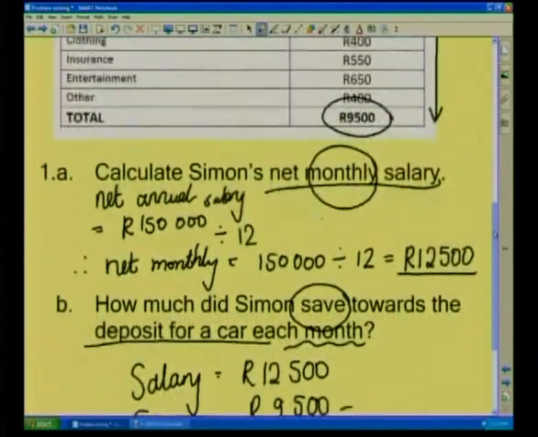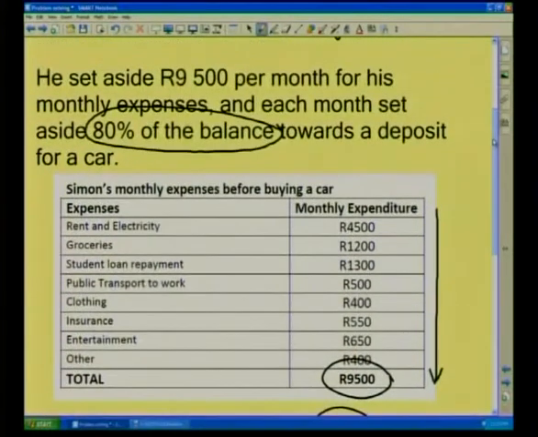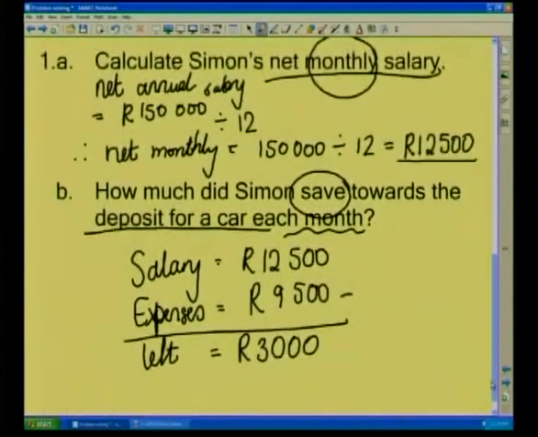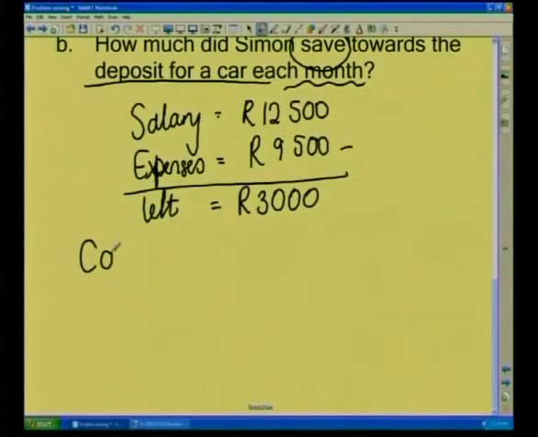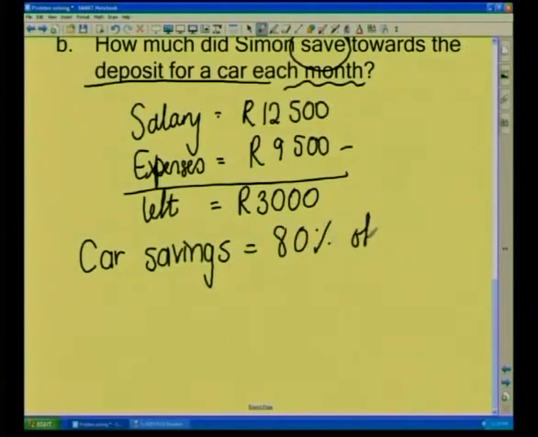How much does he save for his car? He saves 80% of that balance. So whatever's left over, he takes 80% of it for his car savings. So his car savings are equal to 80% of that 3,000 Rand.